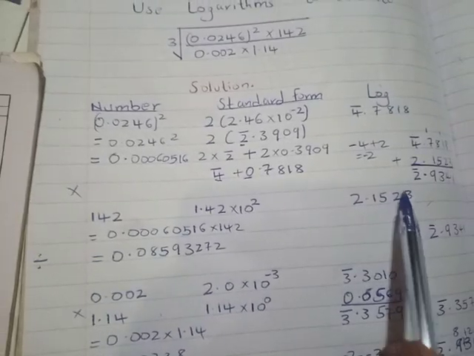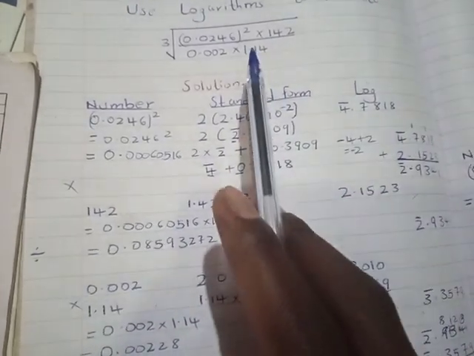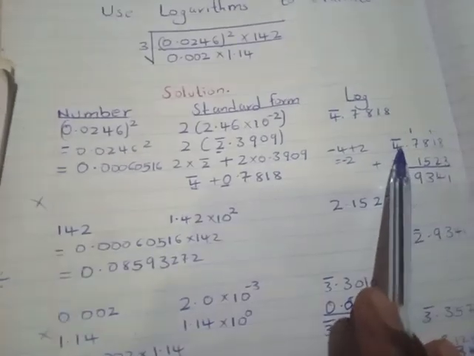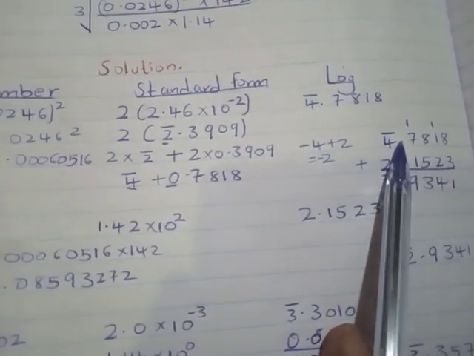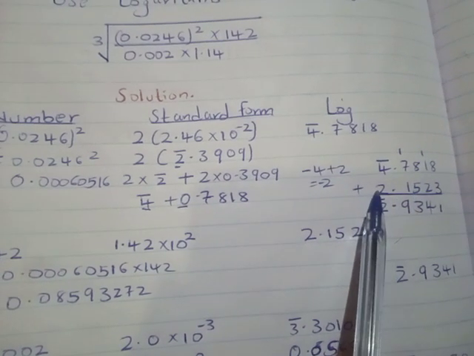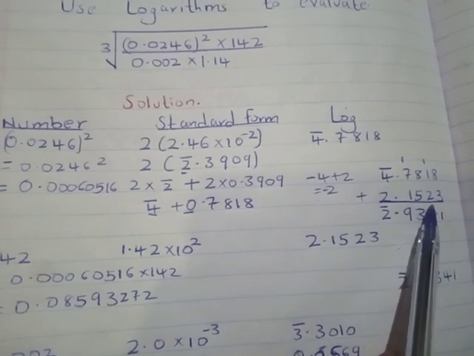But remember, it was multiplication in between. So if it's multiplication in log, we add. So we're going to take bar 4.7818, then we add 2.1523.